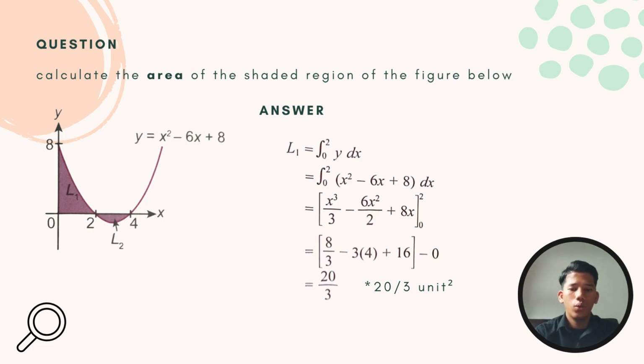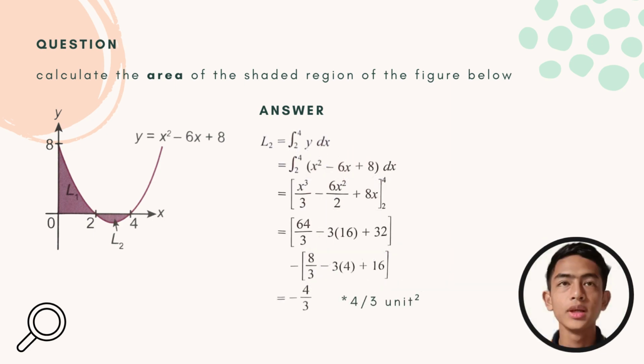Open bracket 2 to the power of 3 over 3 minus c open bracket 2 squared over 2 plus a open bracket 2, and we get the answer 8 over 3 minus 3 open bracket 4 plus 6 minus 0, and lastly we get the answer for area L1. The answer is 20 over 3.